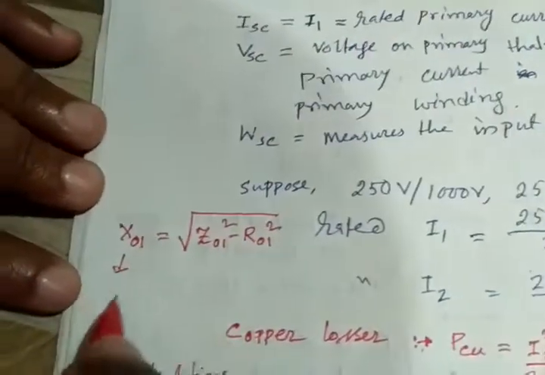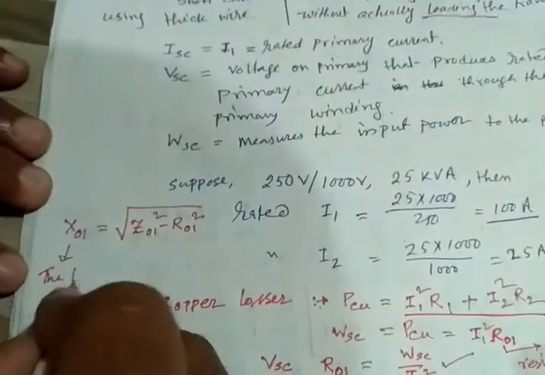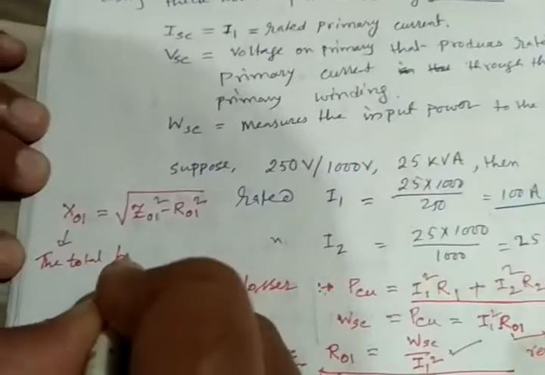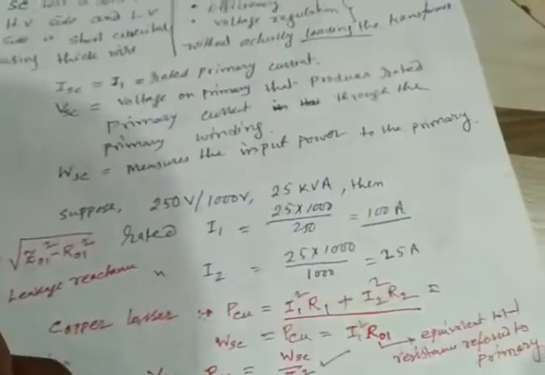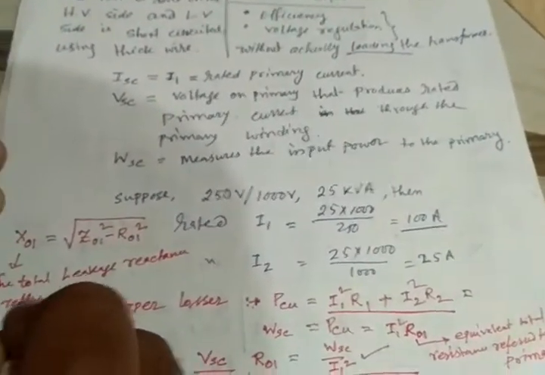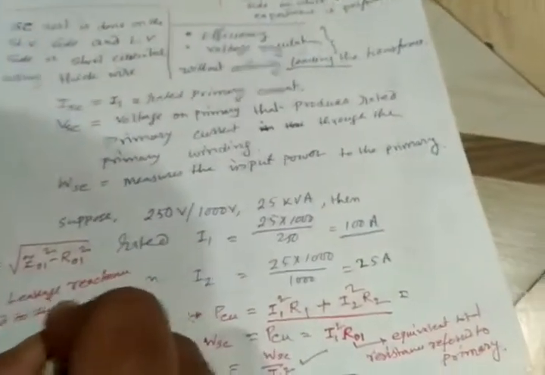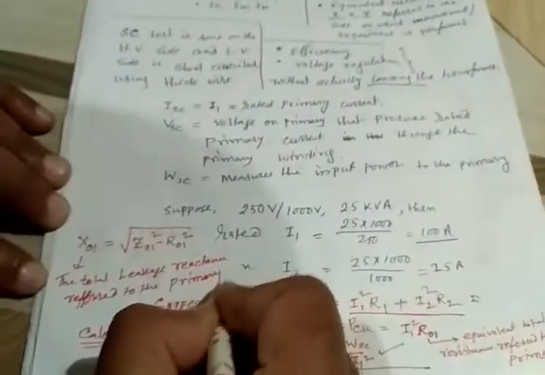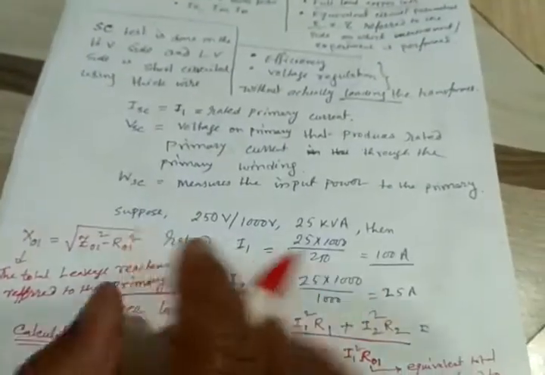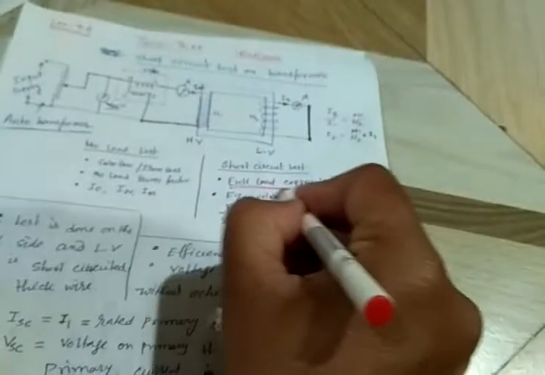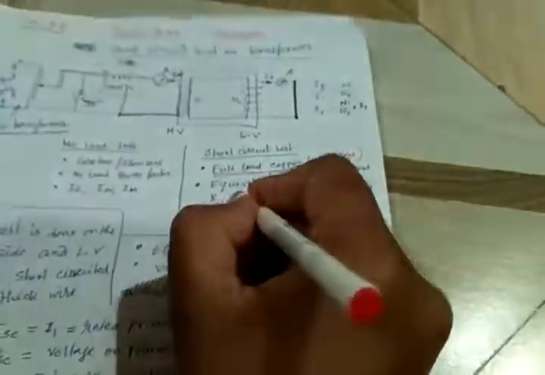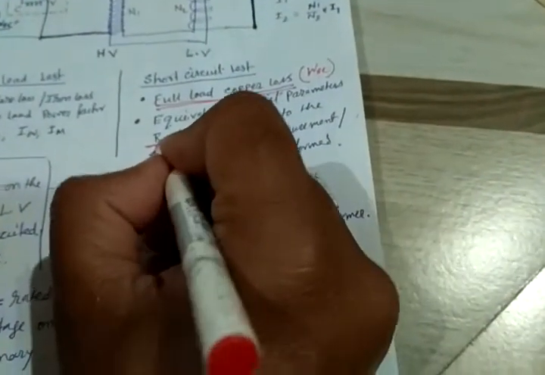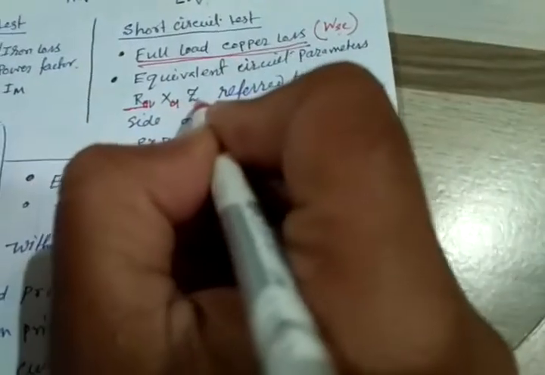This is the total leakage reactance referred to the primary. So we see that it is possible from the short circuit test to compute the full load copper loss, that is the wattmeter reading WSC, and the equivalent circuit parameters on the primary side, R01, X01 and Z01.